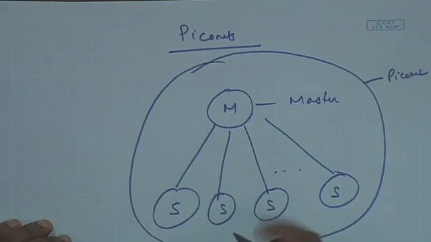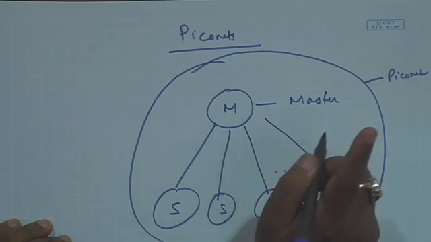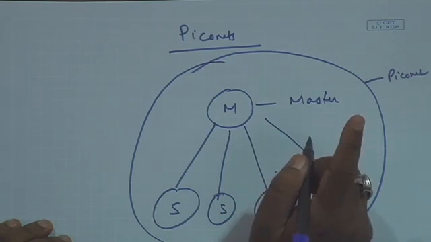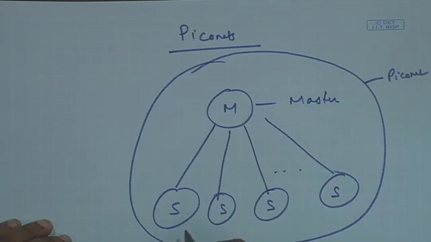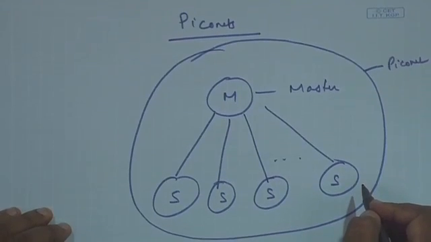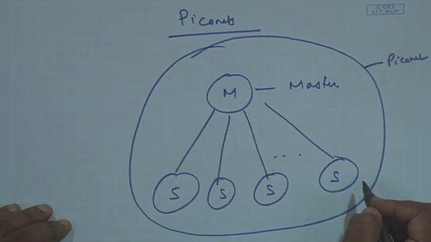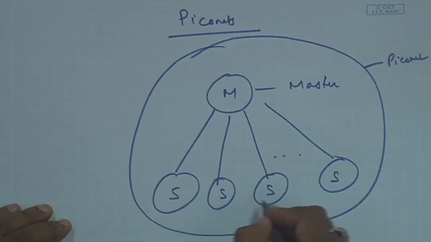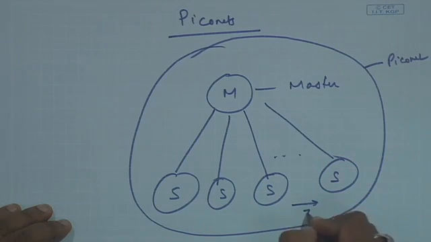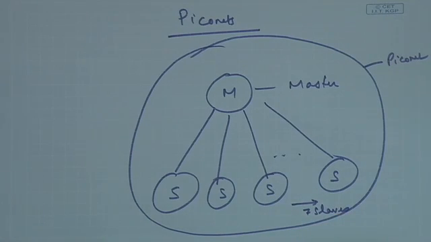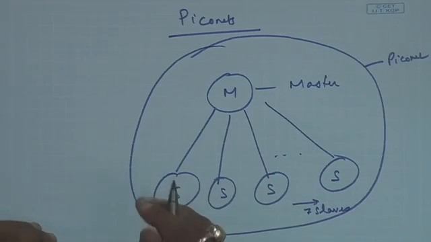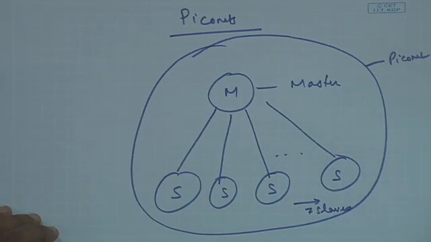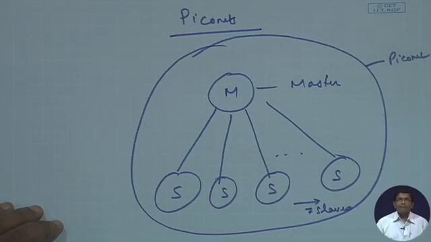In one piconet there can be only one master and one or more slaves. Up to how many? Up to 7 slaves. So, there can be one master and one up to 7 slaves in a piconet.